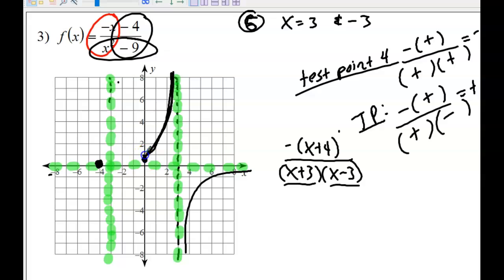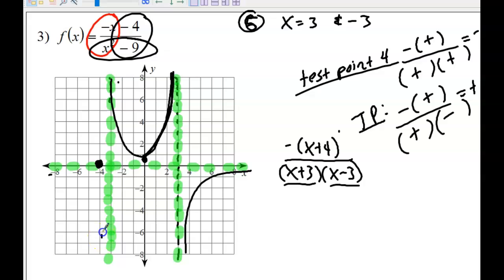So which way does this have to go? Up. I was kind of being empty-minded there because it couldn't have done anything else. It has to do this, otherwise it would have crossed the x-axis. So I guess I was a little short-minded there, but you guys got the idea. Hopefully.